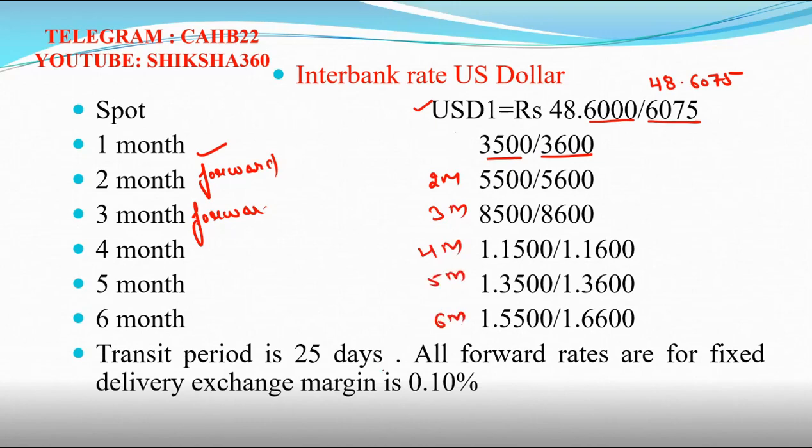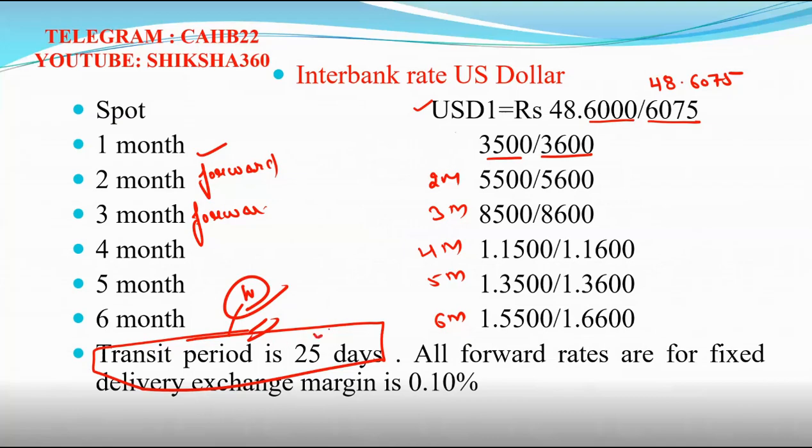A very important point: here the transit period is 25 days. If you are not able to understand these points, please watch the video in which we have discussed these concepts; we take 2 sessions for discussion of these concepts.